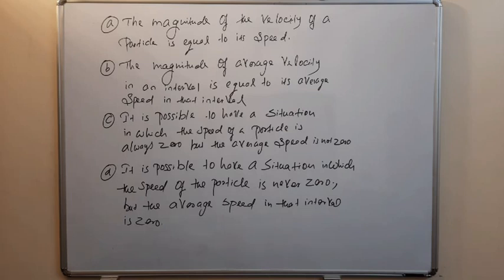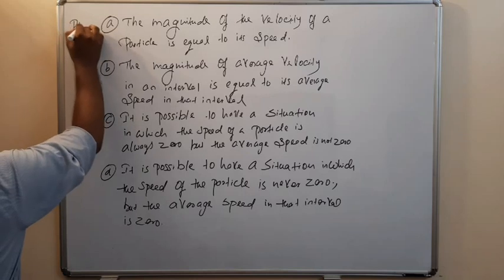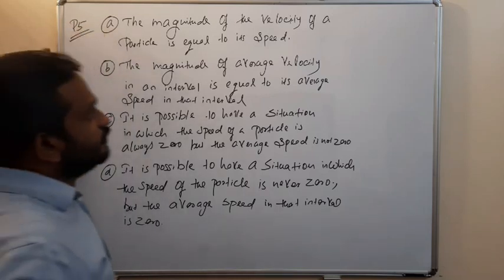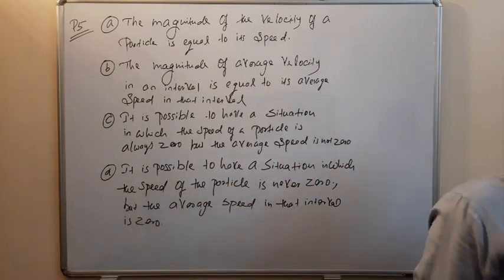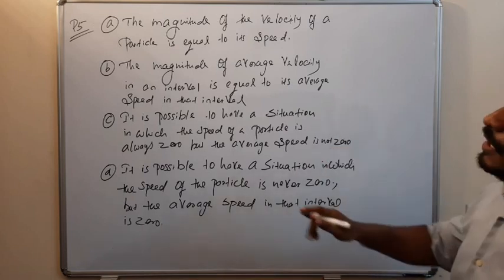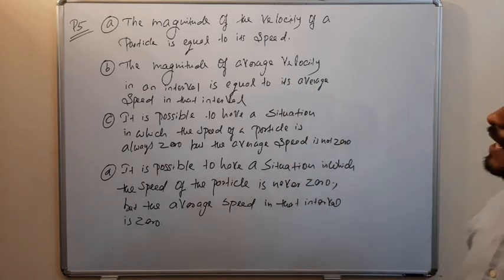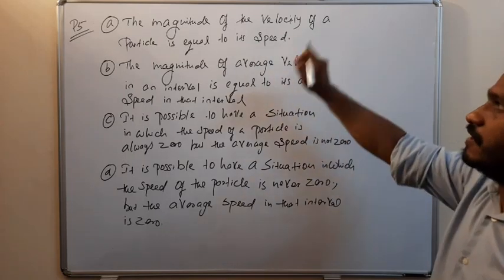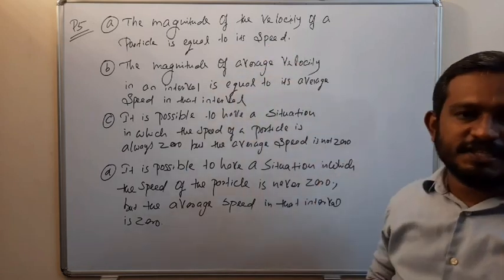So the next question, P5. Find the correct statement from the following. So we can see one by one. The first statement: the magnitude of the velocity of a particle is equal to its speed. Here the velocity means instantaneous velocity and the speed is the instantaneous speed.